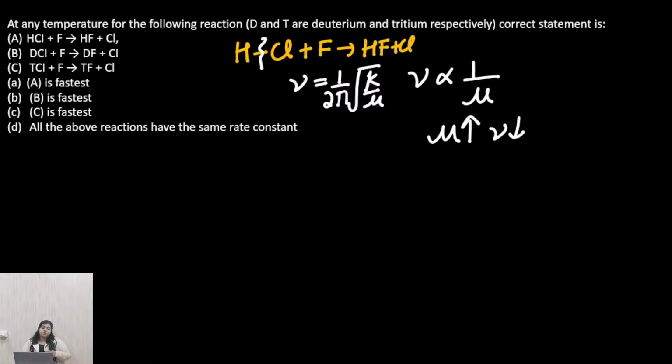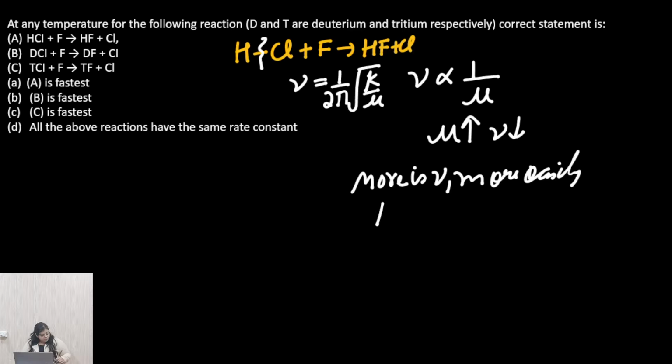If the stretching frequency is more, the bond will break more easily. Out of HCl, DCl and TCl, hydrogen, deuterium and tritium are just isotopes of hydrogen.